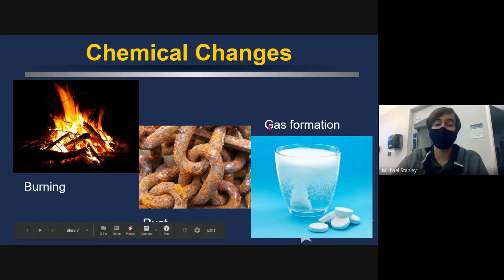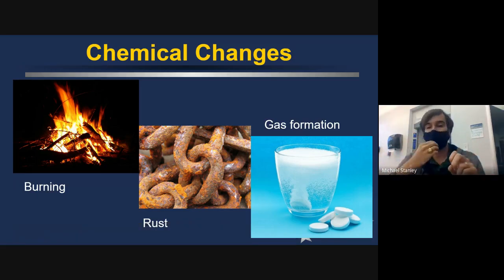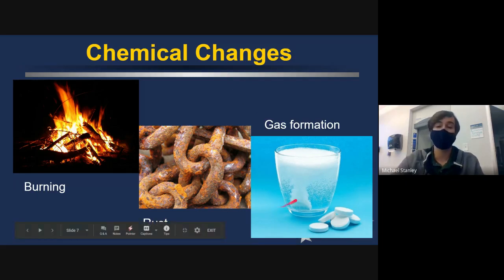And then like I was saying with the gas formation, you could do the grade school volcano. Also even something as simple as an Alka-Seltzer tablet, like the old school medicine for heartburn and indigestion and stuff like that. When the tablet drops into the water, the coating on the tablet and the water molecules go through lots of chemical changes. And one of those produces all of this gas inside of your cup.